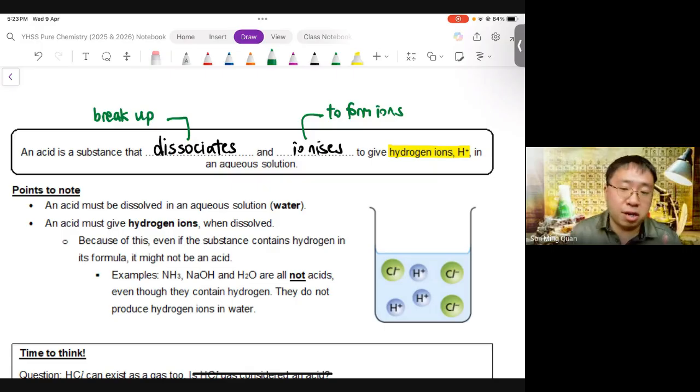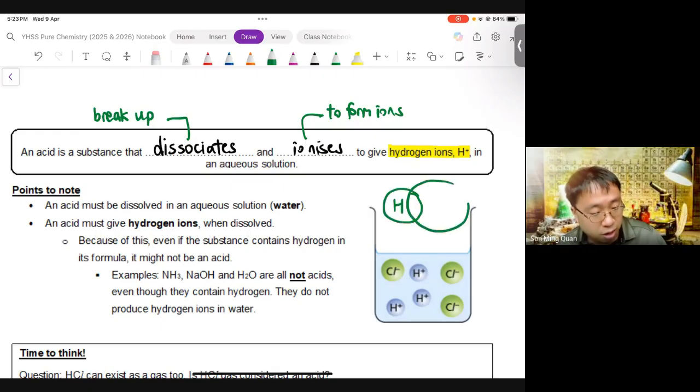So, for instance, HCl. Now, HCl is a simple covalent molecular structure. HCl is a covalent molecule where the H and the Cl originally had shared electrons with one another. So please don't be mistaken. HCl is not ionic. It's covalent.